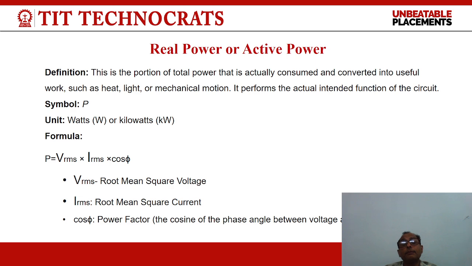Whatever be the output which will be available to us, it is the real power or the active power. It performs the actual intended function of the circuit. It is denoted by capital P and its unit is watts or kilowatts. The formula for it is VRMS into IRMS into cos phi. It is also defined as the product of voltage and component of current in the direction of voltage.